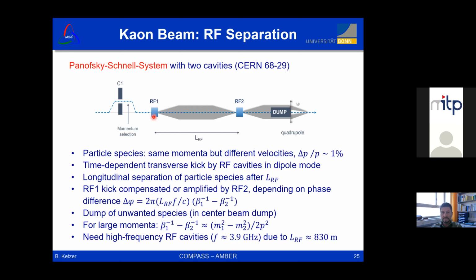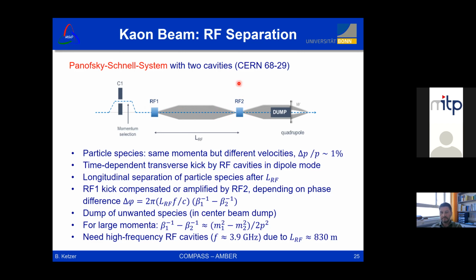And that is done by so-called radio frequency separation, which includes 2 sets of RF cavities at a distance which is as long as possible, because you give a transverse kick to the particles here, and then there is a difference in the velocity of the particles when they have different mass, and then this transverse kick is either compensated or enhanced by the second cavity, depending on the relative phase that the particle arrives here.